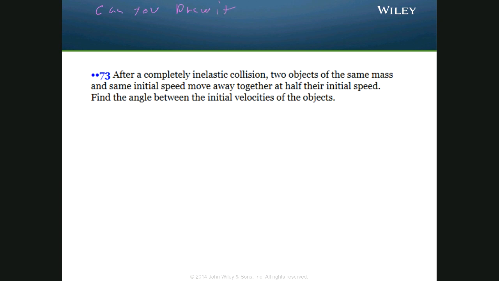The next is, can you then interpret the math? And then can you solve for it, right? That's what you need to do.